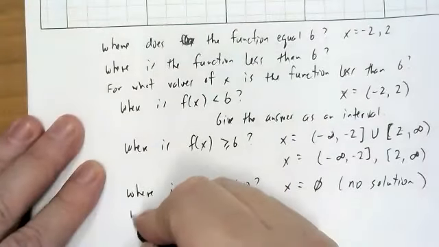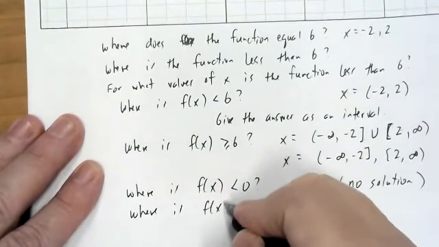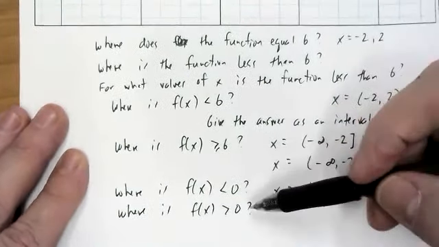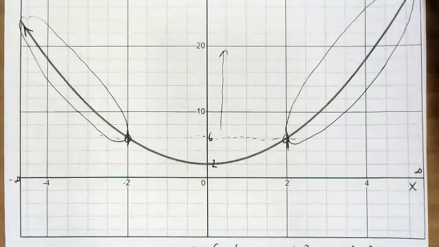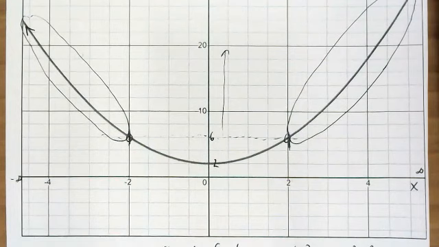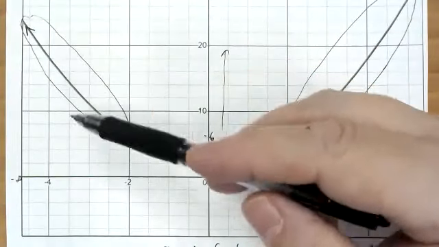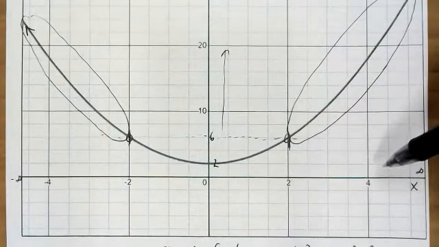What happens if we did this? Where is f of x greater than 0? So what do you think? I'll let you take 5 seconds and think what the answer might be. Where is the function greater than 0? Or we could say, what are the values of x where the function is greater than 0?